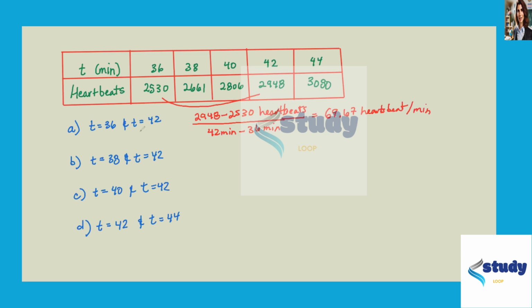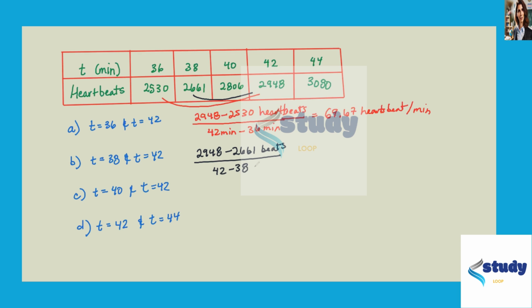Okay, now we're going to do secant line slope, but this time we are going to go from 38 to 42 to see what that average heartbeats per minute will give us. So we're going to do rise over run again. So 2948 minus 2661 heartbeats. So I'll just write it as beats. Beats per, this time our run is 42 minus 38.